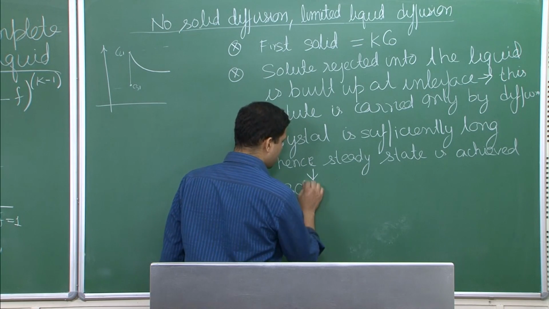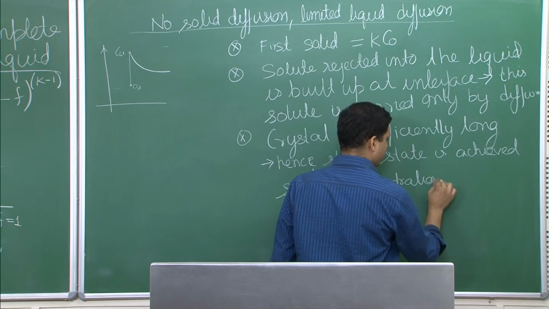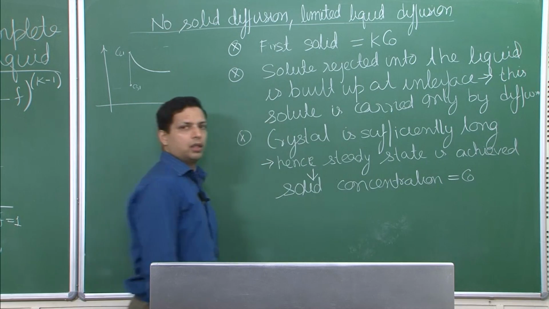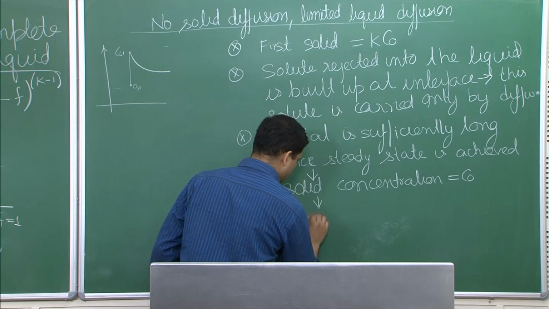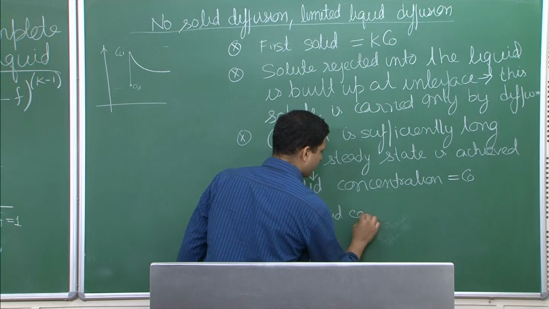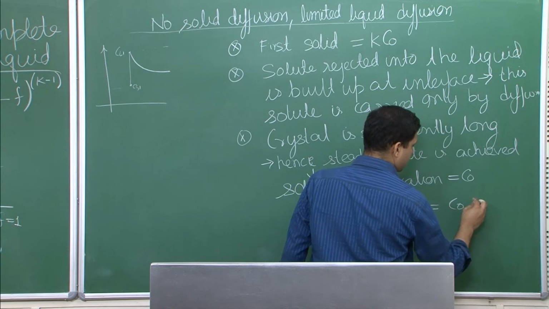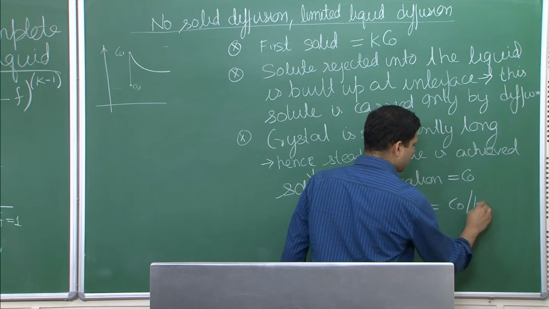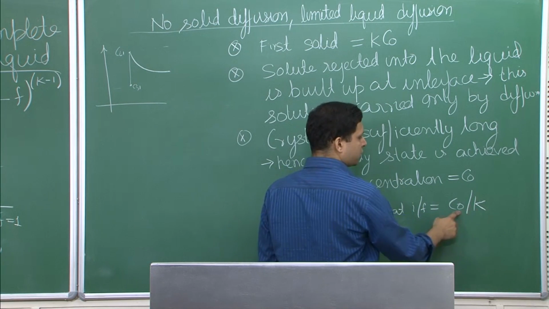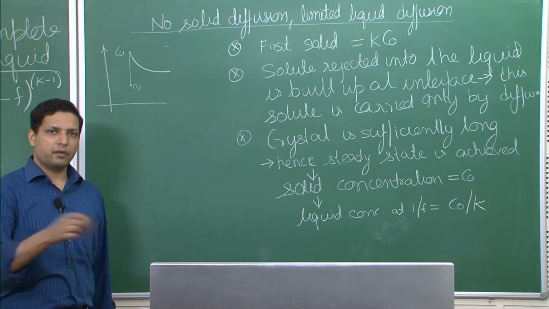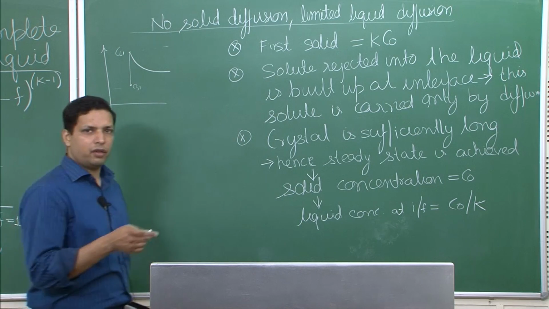So, the solid concentration is equal to C naught, and if the solid concentration is C naught, then the liquid concentration at the interface is equal to C naught by K. Remember, the concentration of liquid is always higher than the solid, and since K is small, so C naught by K. So, when we are talking from liquid to solid, we multiply by a small factor which is K. When we are going from solid to liquid, we will divide.